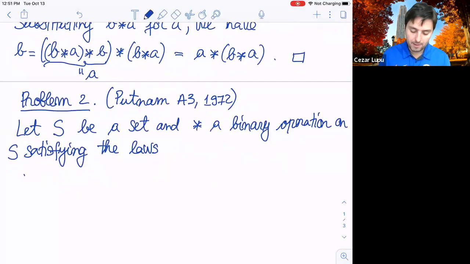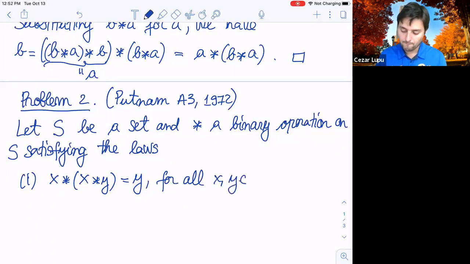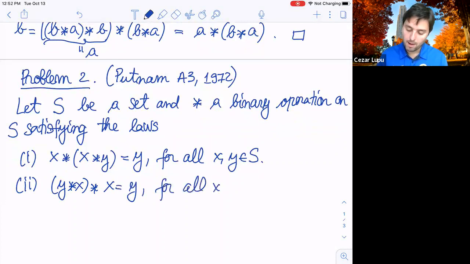The first law is given by X star Y is Y for all X, Y in S. And the second condition is that Y star X star Y is Y for all X, Y in S.